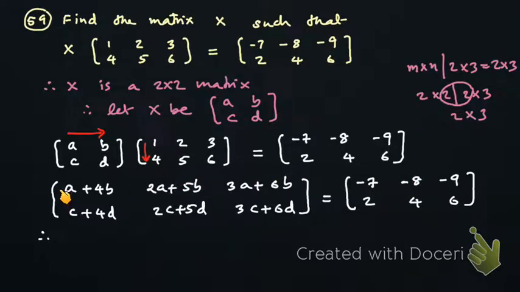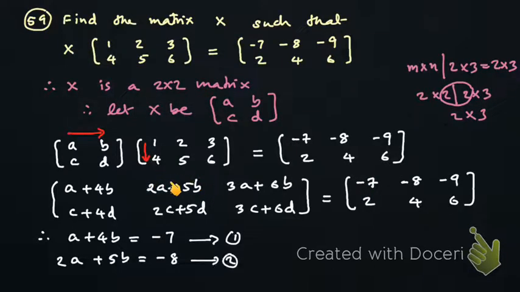So I'm going to say A plus 4B is equal to -7, one equation. Then 2A plus 5B is equal to -8, second equation. So we're going to make two equations like that, and then we will solve them. That's my first equation, equating A11 from the left side with A11 from the right side. And then A12 from the left side is equal to A12 from the right side.